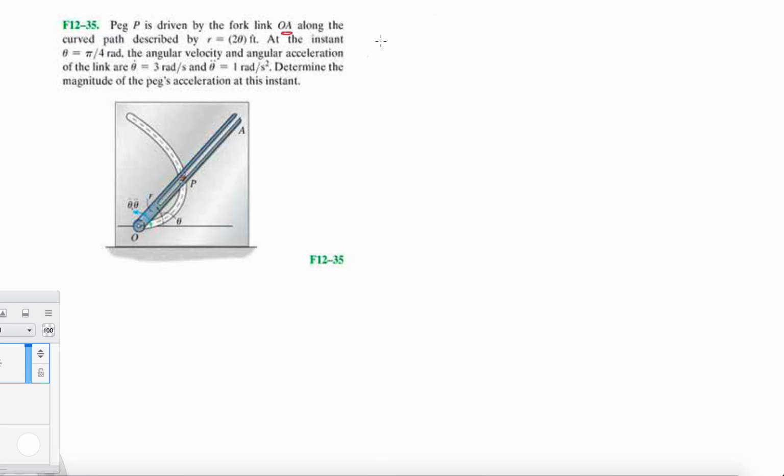Let's start. We're trying to find the magnitude of the peg's acceleration at the instant theta equals pi over 4 radians. Remember, radians is kind of like a pseudo unit, so we still leave everything in feet per second and feet per second squared.